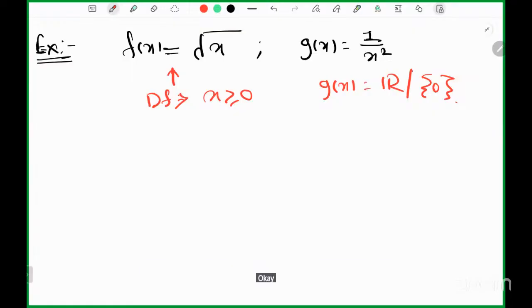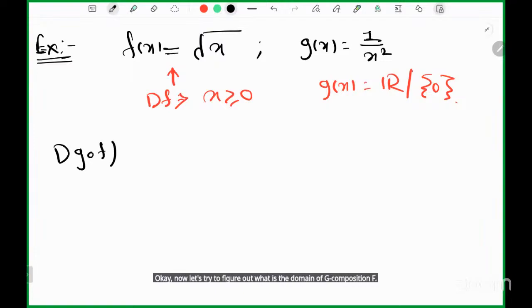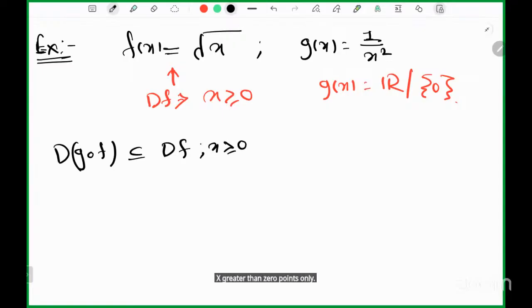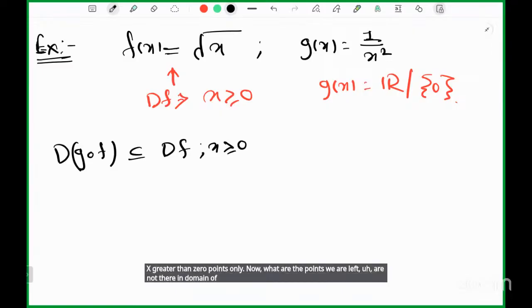Okay, now let's try to figure out what is the domain of g composition f. First thing is it's a subset of the domain of f. So that means we have to consider x greater than or equal to 0 points only. Now, the points we are left out are the negative numbers.